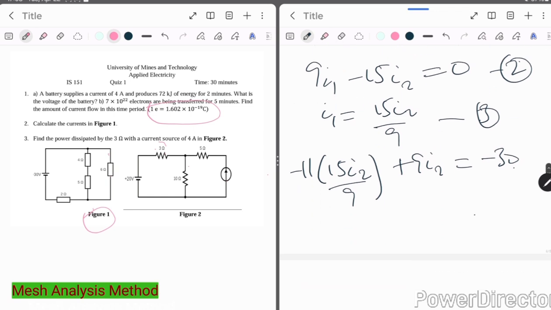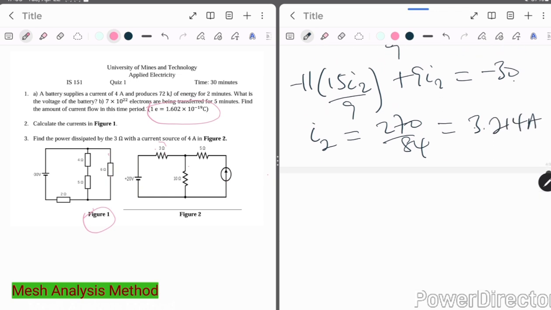And when you solve this, you will get I2 equals 270 over 84, which is equal to 3.214 amps. So we get this as the current for I2. Now let's calculate mesh current I1.